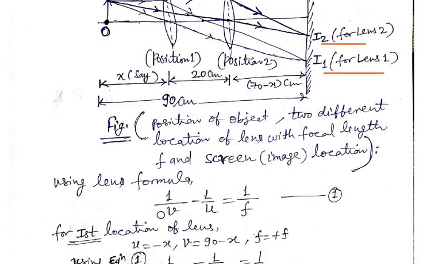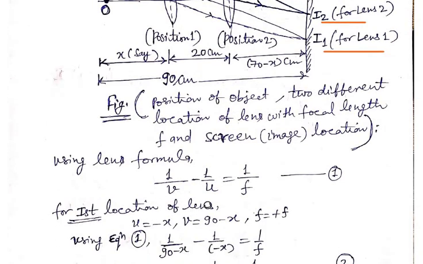If the lens is located at the first position, then from the diagram, object distance u is equal to minus x using sign convention, and image distance v is equal to 90 minus x, as rays are coming from left to right, so the incident rays move towards the right. So this is the positive direction.